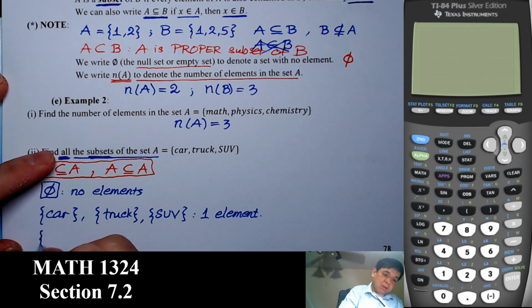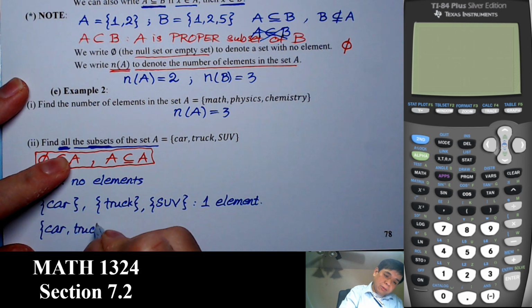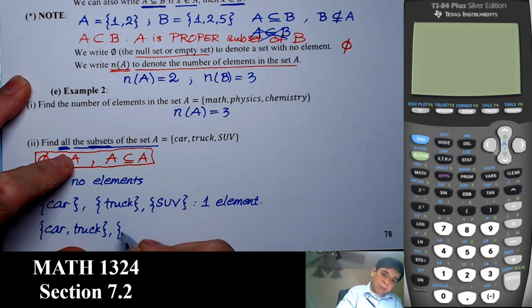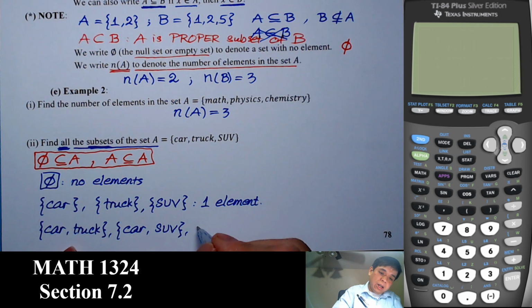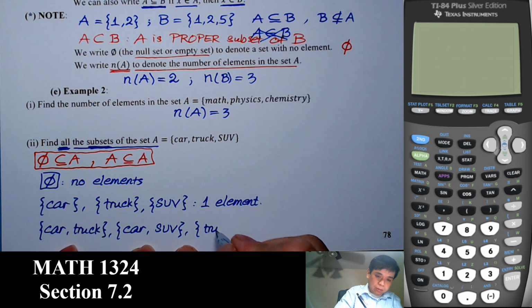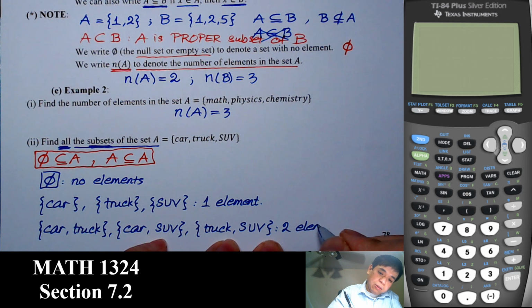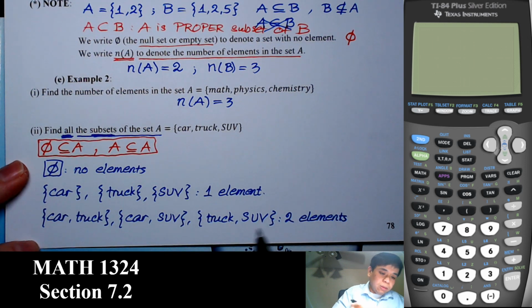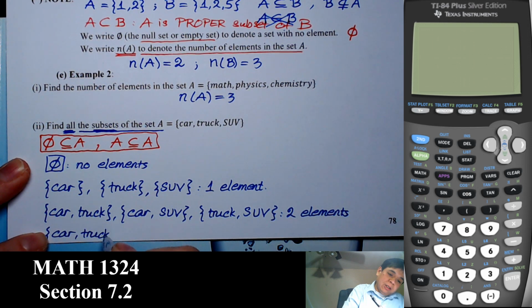Now we may have the sets of 2 elements: car, truck; car, SUV; and truck, SUV. So those are sets that have 2 elements. And now we have the set that has all 3: car, truck, and SUV.